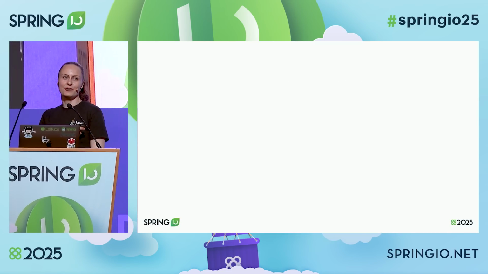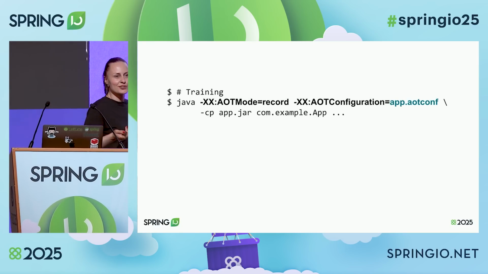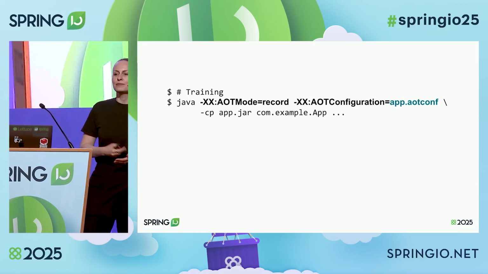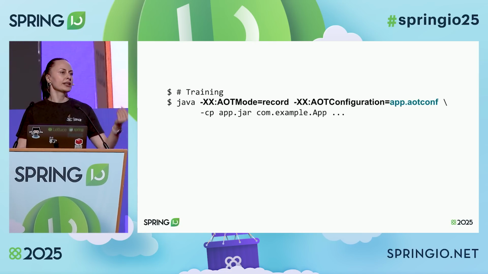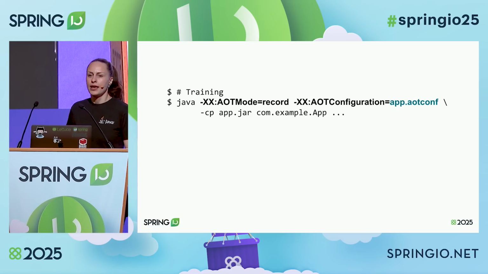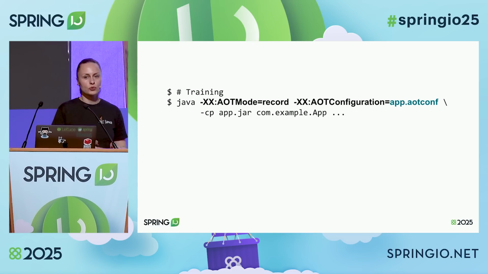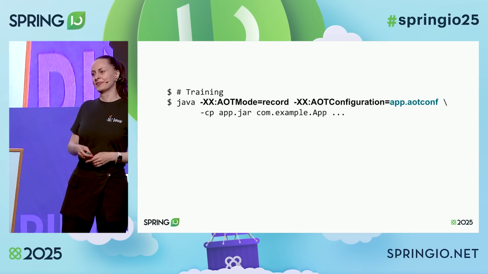In more detail, here's how the training runs work. First of all, we need to train, right? Training means recording observations of the application in action, like which classes are loaded and initialized, which methods become hot. And of course, all these results are stored in a configuration file that you can see here in blue in the slide.